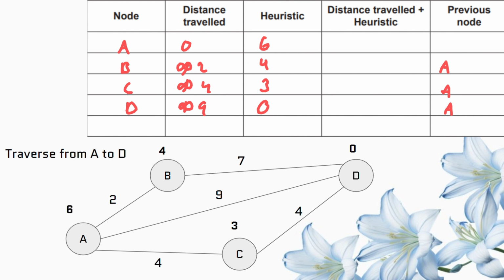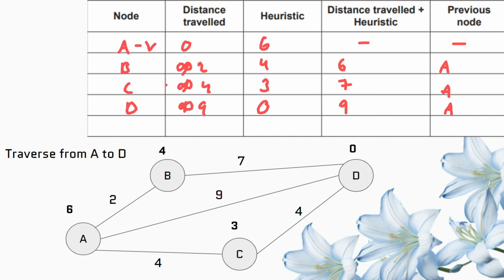But we also then have to consider the distance plus the heuristic. Here it's 6. We don't really have to consider it for A because it's the start node, so we ignore that. 4, 3, 7. Would you look at that? 9 at 0 is 9. So the node with the minimum distance traveled plus heuristic is then B. So that's another one to select. We mark A as visited, right?